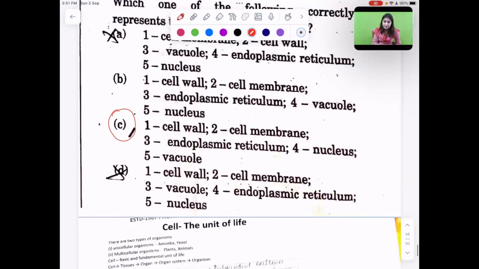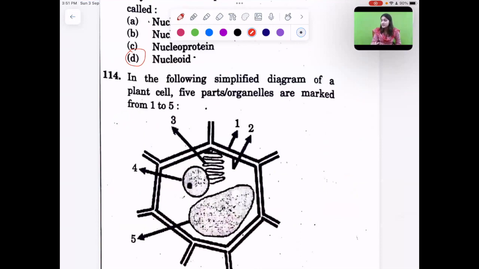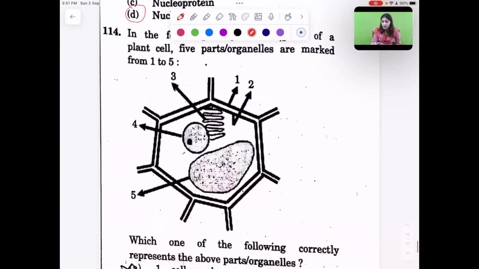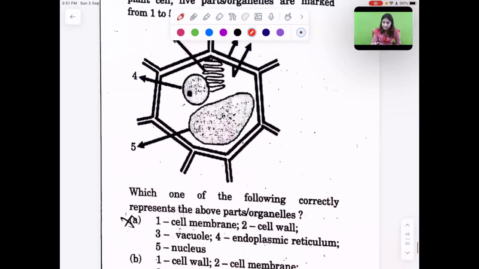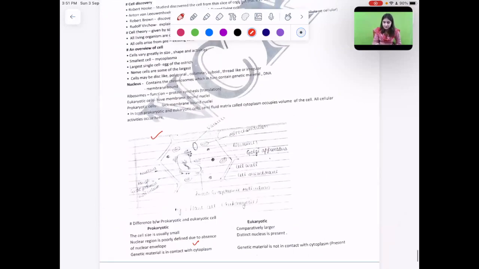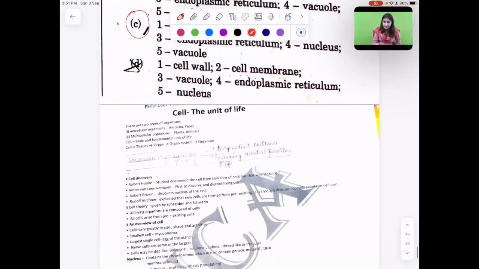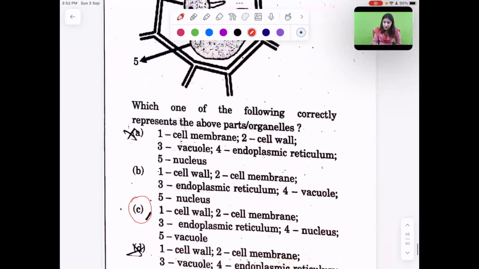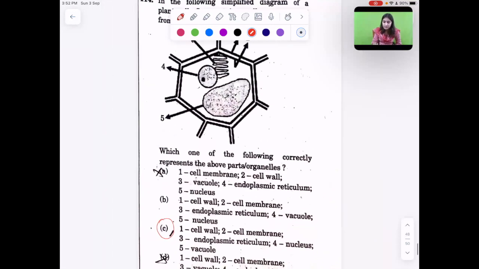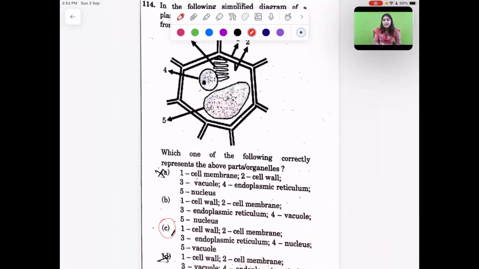Next, 114, you have to identify cell organelles. So this is a cell diagram from our notes. One is the cell wall, which is the outermost part. Then we have the cell membrane, the inner layer. Then these spiral structures are endoplasmic reticulum. Fourth is nucleus, and fifth, the large structure, is vacuole. Option C is the answer.